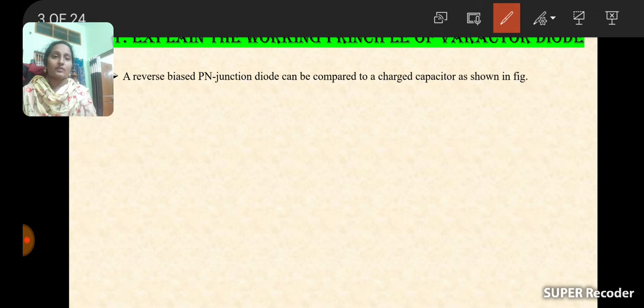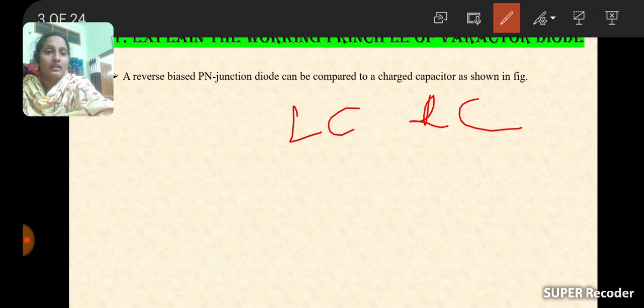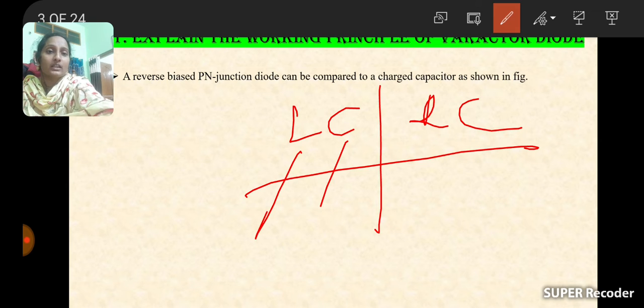In our last class, we also discussed the differences between LC oscillator and RC oscillator. In the LC oscillator tank circuit, only inductor and capacitor are used, but in RC phase shift oscillators, resistor and capacitors are used. LC oscillator will produce high frequency and RC oscillator will produce low frequency.